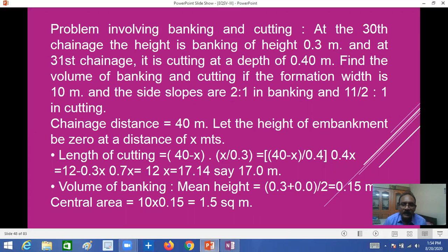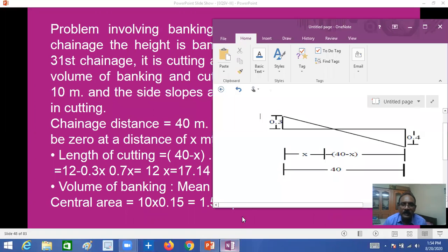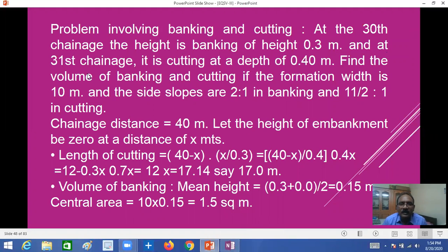And at the 31st chainage, it is a cutting depth of 0.4 meters.